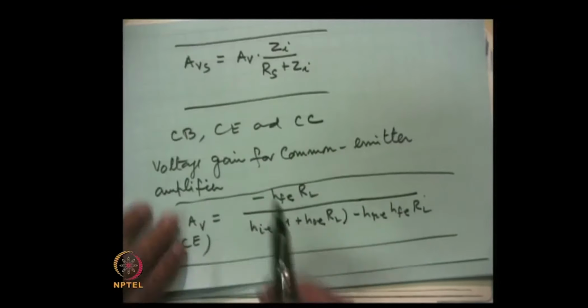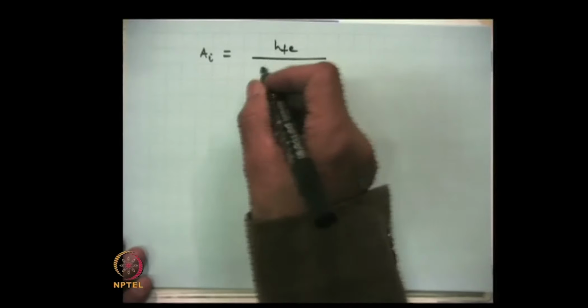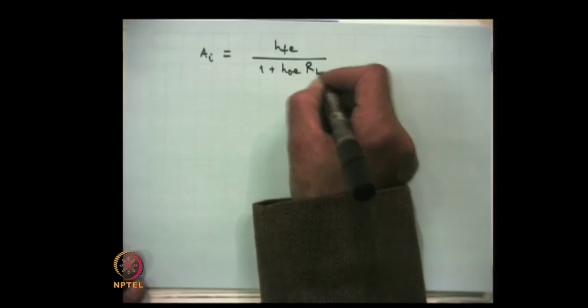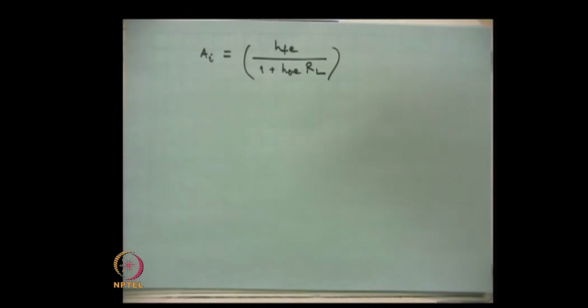So, voltage gain for common emitter we have written, and the current gain for the common emitter amplifier is HFE by 1 plus HOE RL. This is the exact expression for the current gain of the common emitter amplifier.